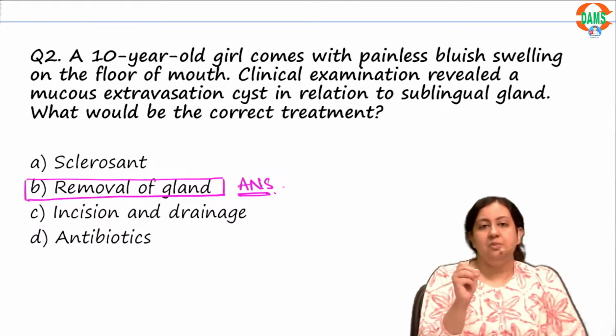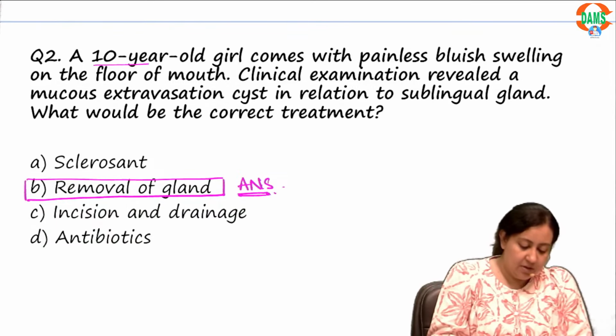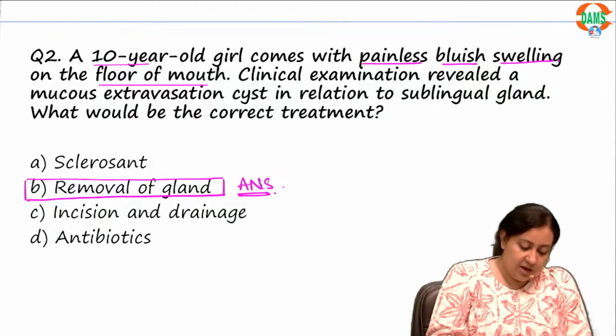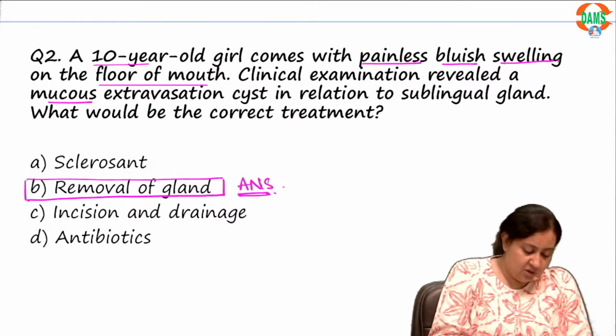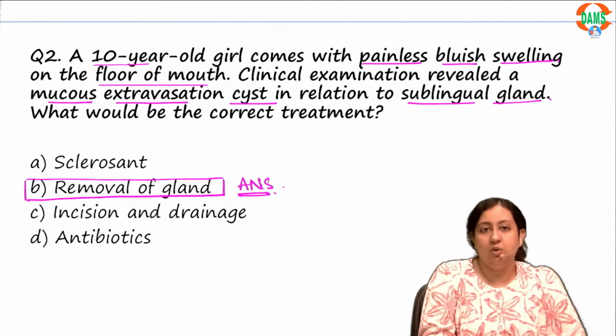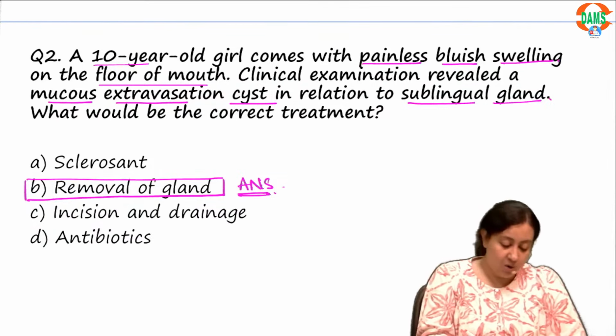Now just to explain the question, a 10-year-old girl with a painless bluish swelling floor of mouth, clinical examination revealed a mucus extravasation cyst in relation to sublingual gland. They have mentioned which gland is involved, but the classical description in the question is that of a ranula.